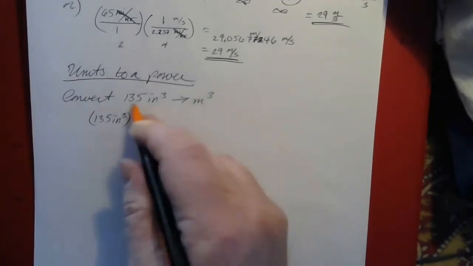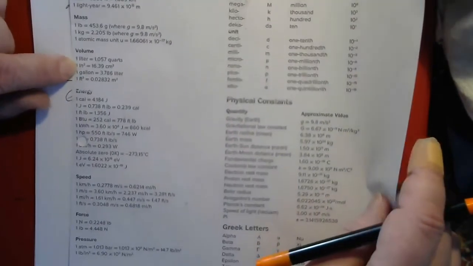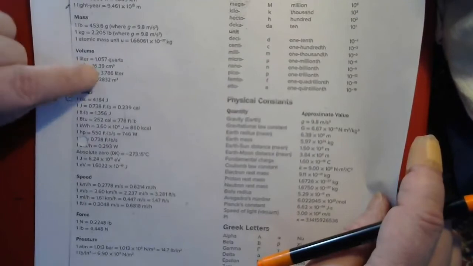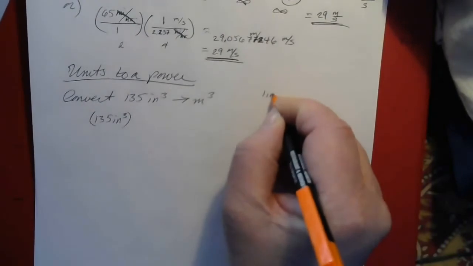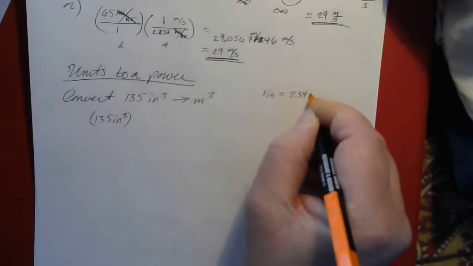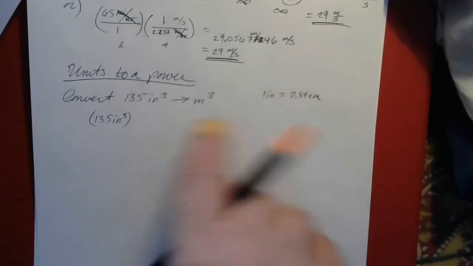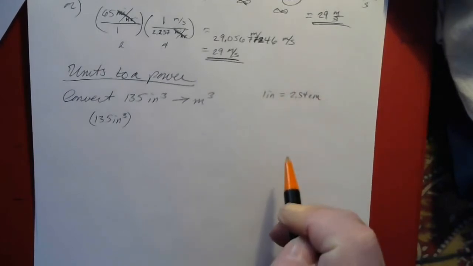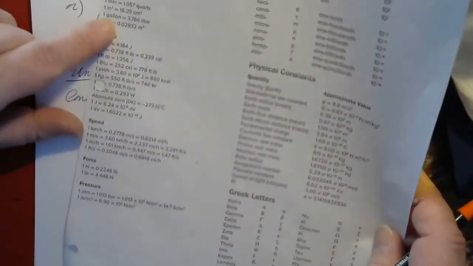What you can do in this case is, first of all, look at the volume sheet and see if it gives you anything useful. And actually it does. Notice this second unit here, cubic inches equals 16.39 cubic centimeters. We know from previous examples that 1 inch, going in one direction, is equal to 2.54 centimeters.